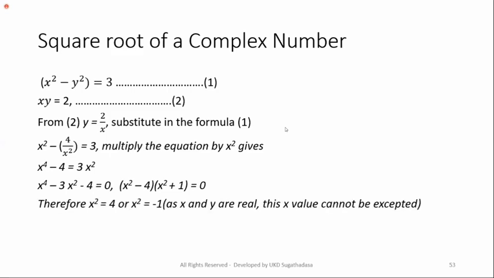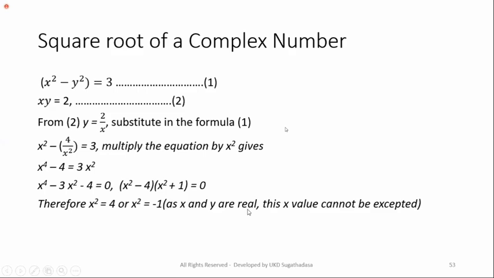Now you get many values. One value is x squared equals 4, or x squared equals minus 1. Remember, a very important aspect that I am telling now. If z is a complex number as we defined in the previous slide, x and y are real.